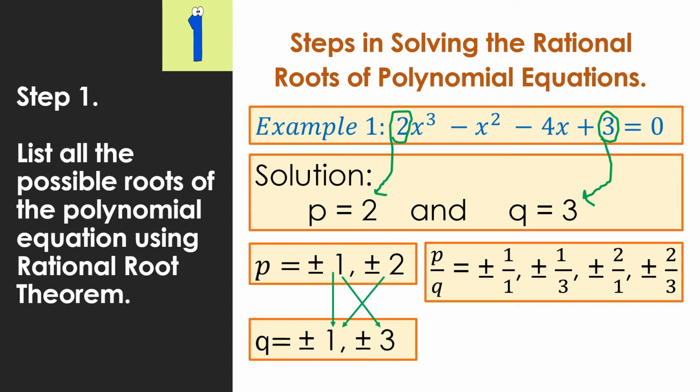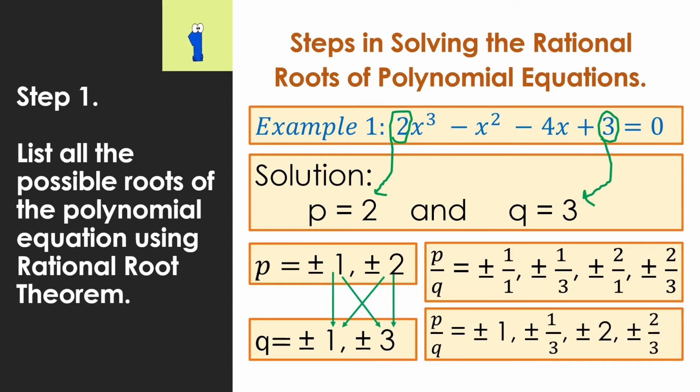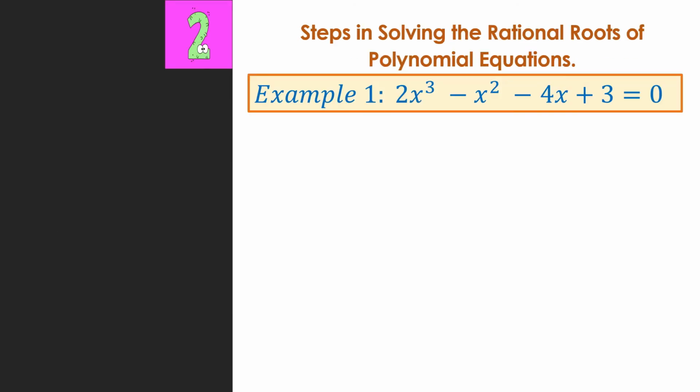Next is 2 over 1 and 2 over 3. Then we will do the solution. 1 divided by 1 is positive negative 1. Positive negative 1/3, just copy. And then positive negative 2 divided by 1 is 2. And then positive negative 2/3, you will just copy.